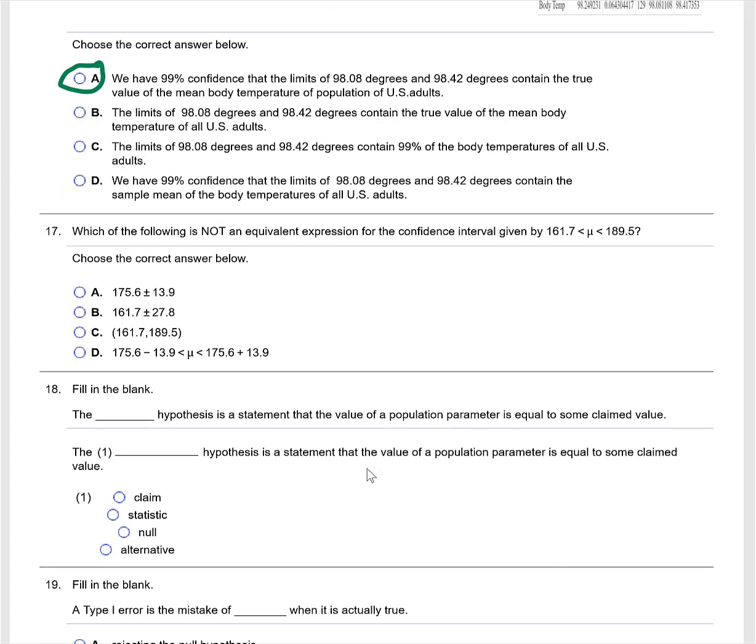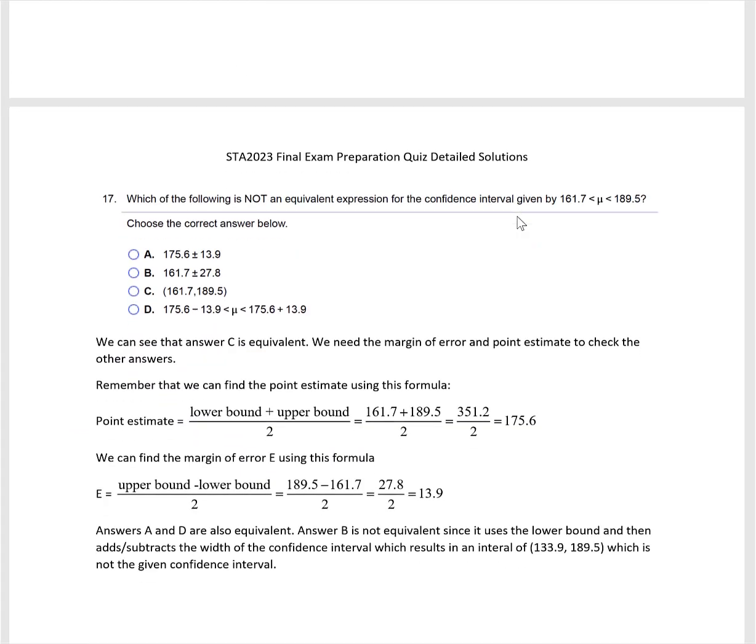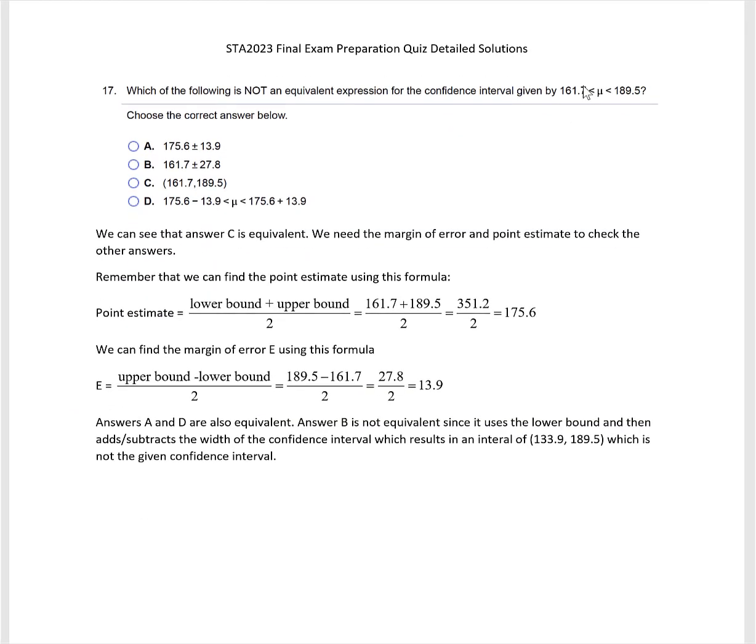Which of the following is not an equivalent expression? I'm going to go over to my detailed solution because we need to take a look at these. So here's the confidence interval we were given, 161.7 to 189.5. Some of these are written as the point estimate plus or minus the margin of error. So we need to figure out what the point estimate is for this interval, and it comes out to be 175.6.